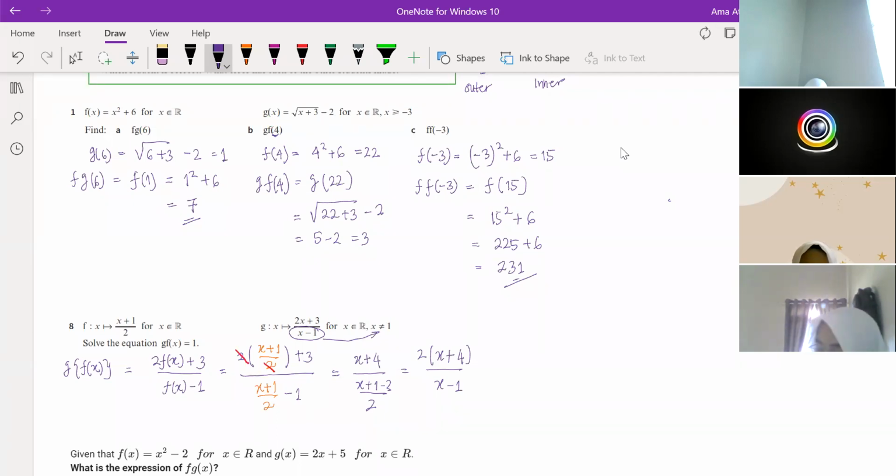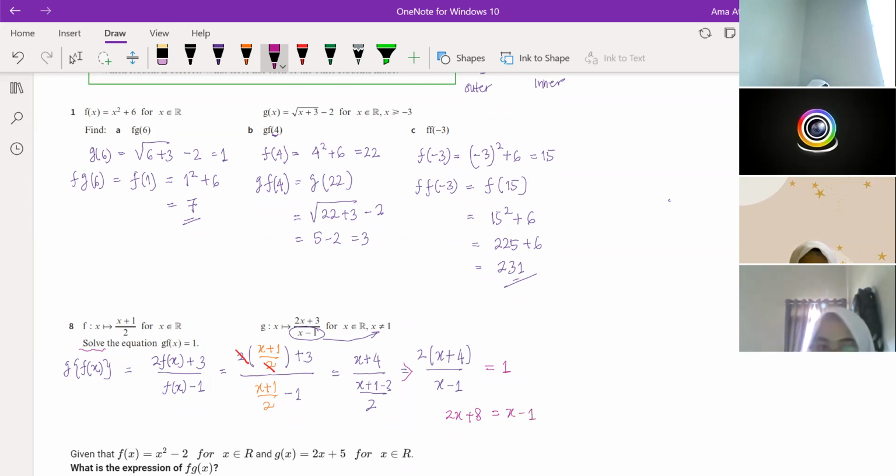Now we see that this is g of f of x, and it equals 1 according to the question. Because it equals 1, I will directly write here, equals 1. So now we are going to solve this, because the question asks to find the value of x. Solving this, we get 2x plus 8 equals, we cross multiply, x minus 1.